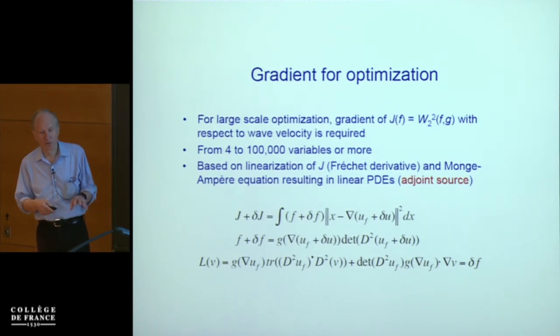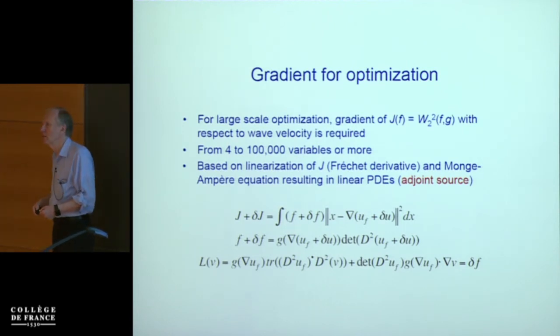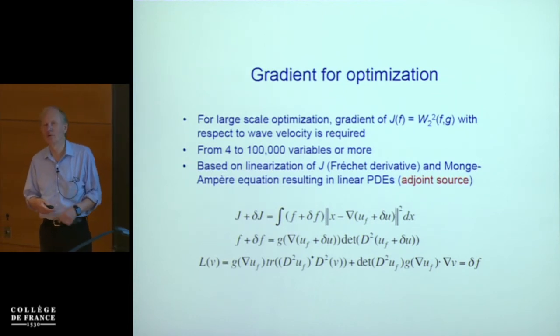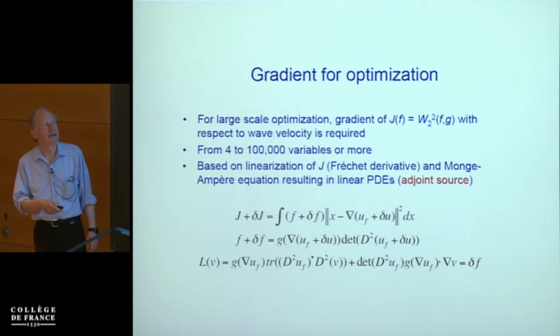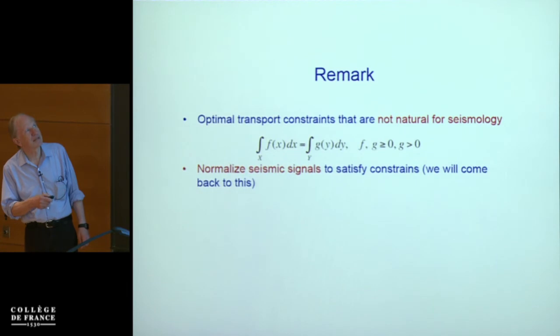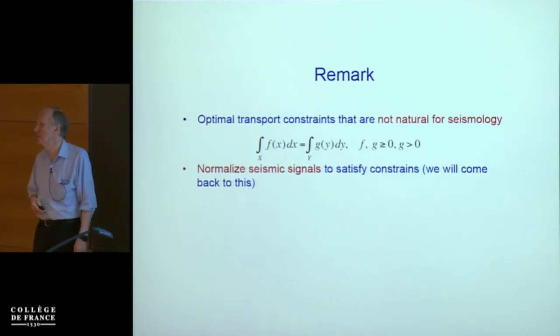So that was based on that, and now one can upgrade the game and use, instead of 4 or 9 or so unknowns, 10, 100,000 in this case. Still, this is still a problem in this case.